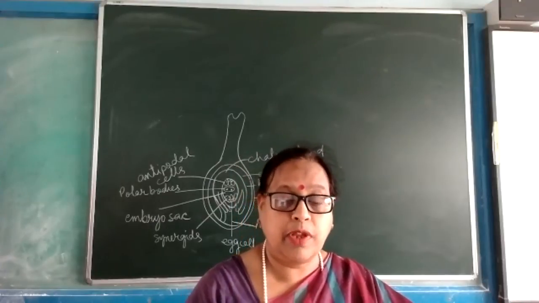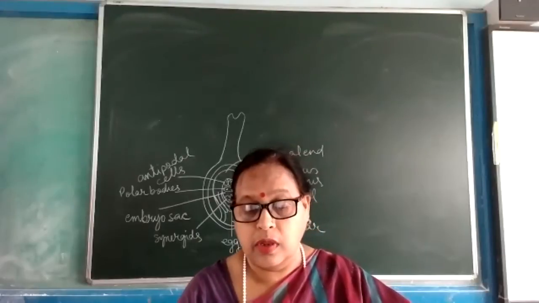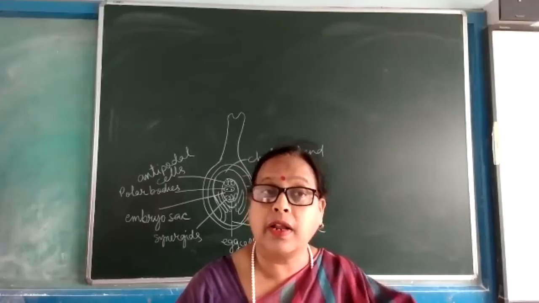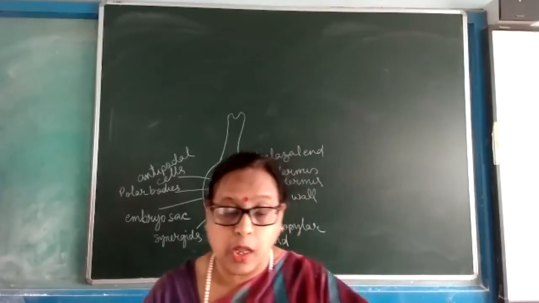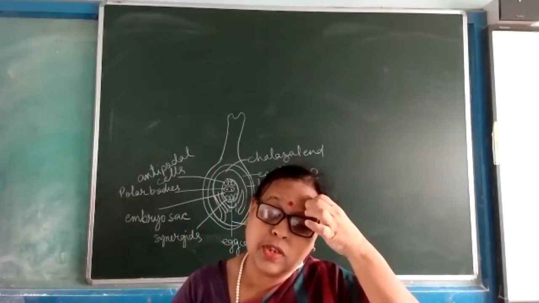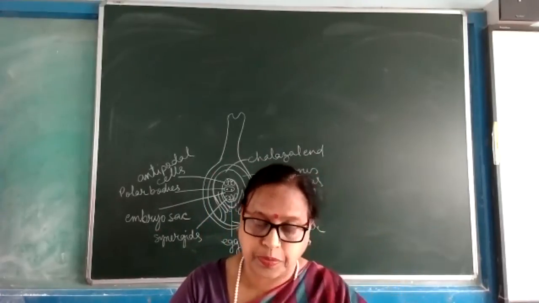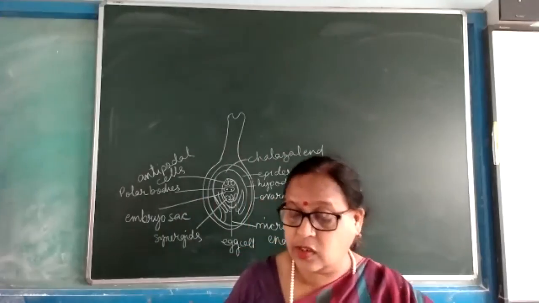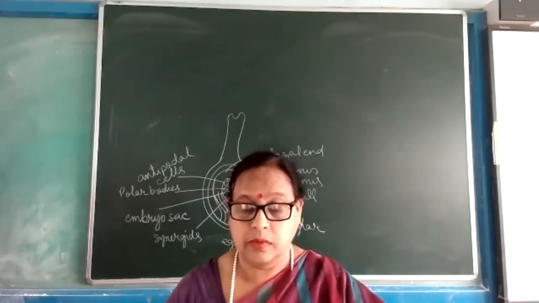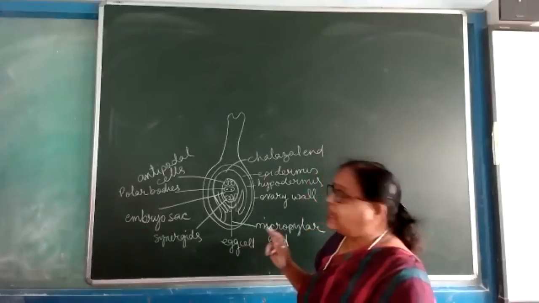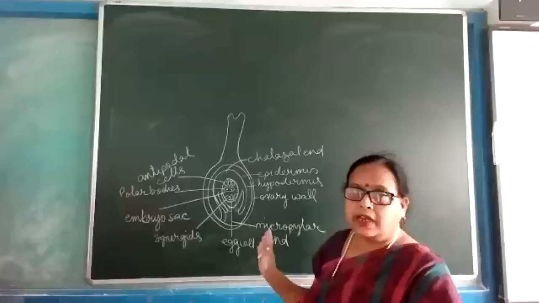We'll be starting the second unit, that is structural organization in animals and plants. And in this, we'll be starting the first lesson, morphology of flowering plants. So today I will not start this chapter. All of you will draw this life cycle in your copy. Okay? This life cycle should be there in your copy.